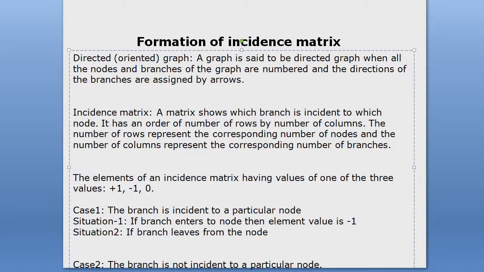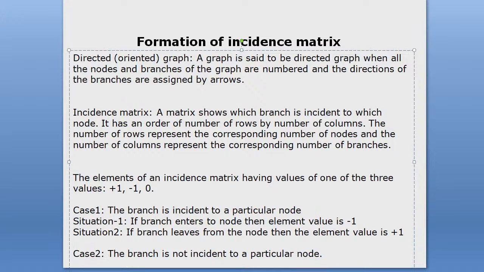We have discussed these things so far when we covered Kirchhoff's current law, current entering the node or current leaving the node. So if the branch leaves from the node, then the element value is plus 1.